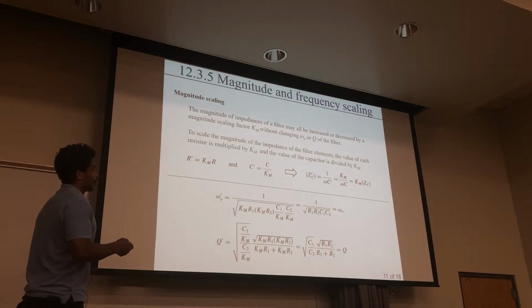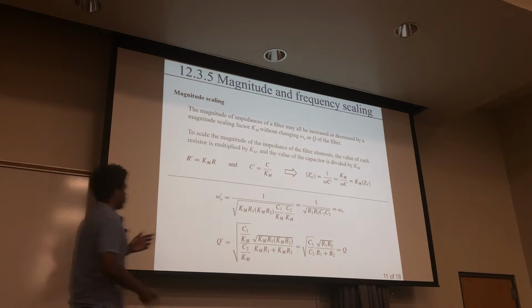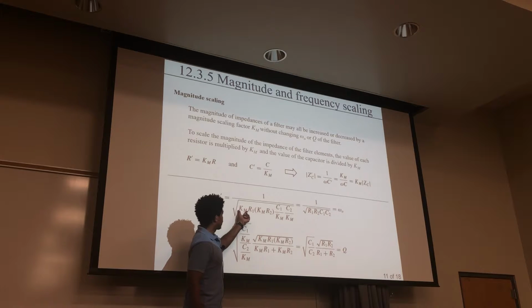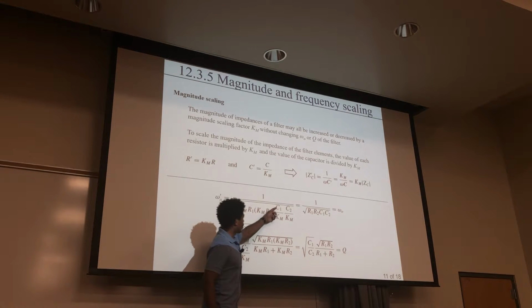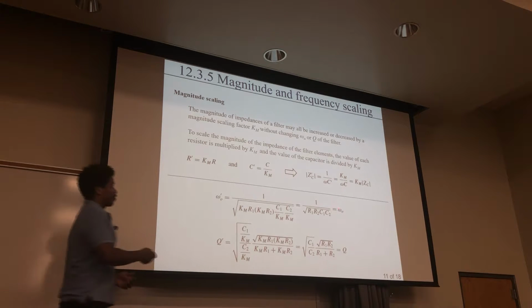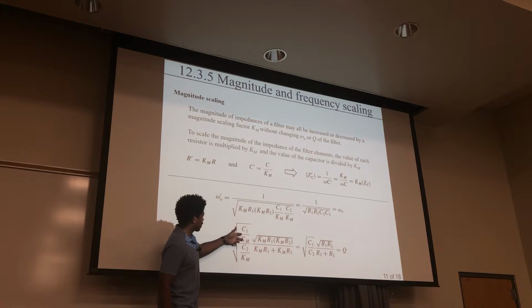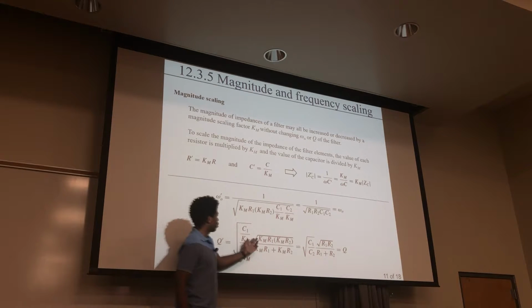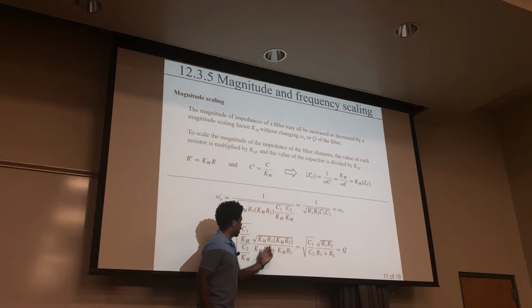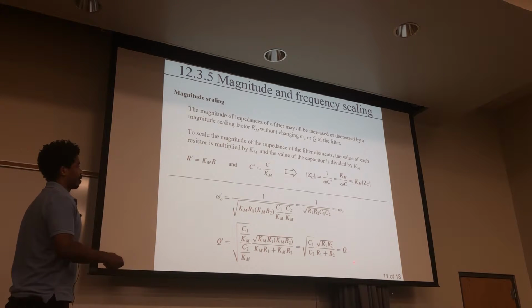It gets increased by that factor of Km. But your frequency stays the same, because you multiply all of your resistors by Km and divide your capacitors by Km, so they cancel out. And same for your quality factor. You're dividing all your capacitances by Km and multiplying all of your resistances by Km, and they have no effect on the Q. But you do change the impedance by that value.